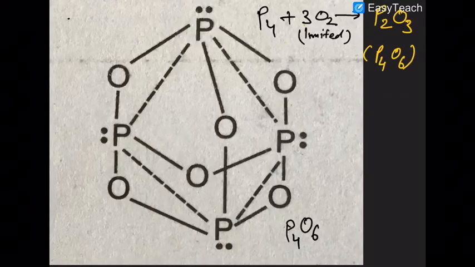Now look at the next point, that is phosphorus trioxide and its dimer P4O6. This is the structure. Look at the structure: that is P-O-P, that is also P-O-P. Then you just cross-link between the opposite phosphorus.